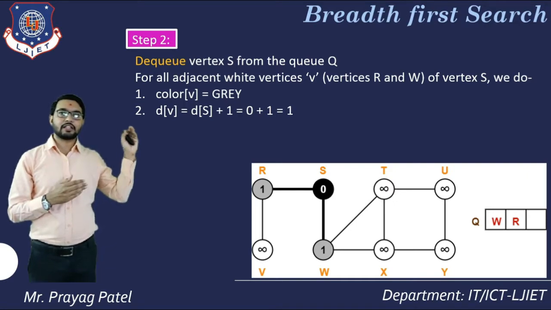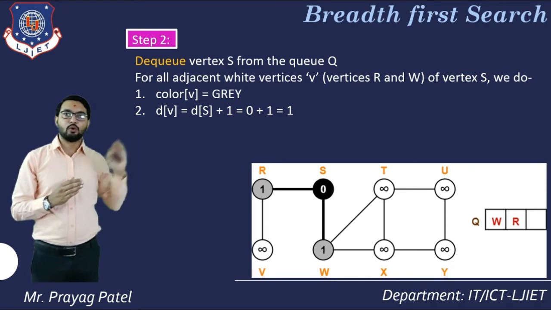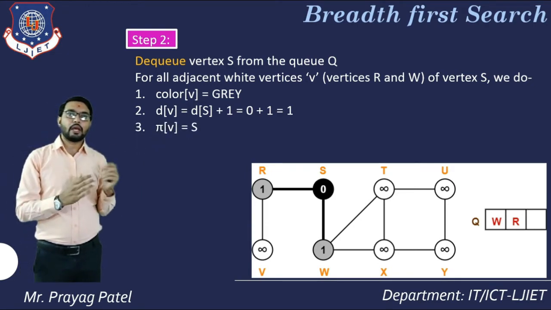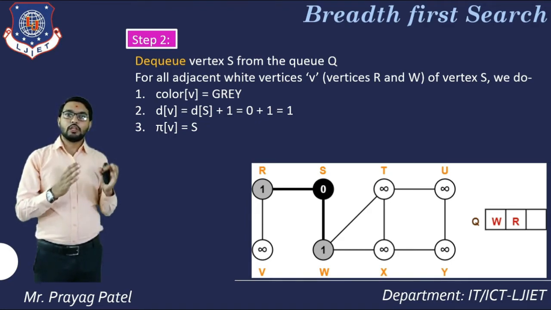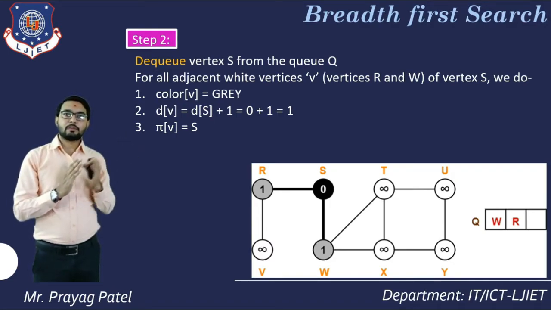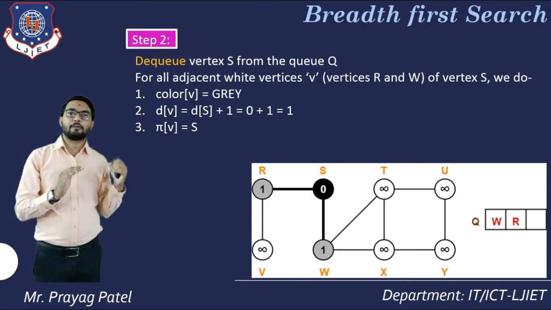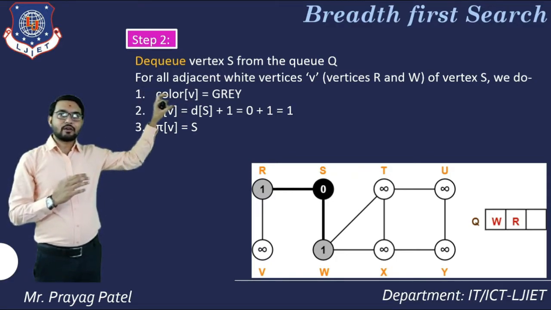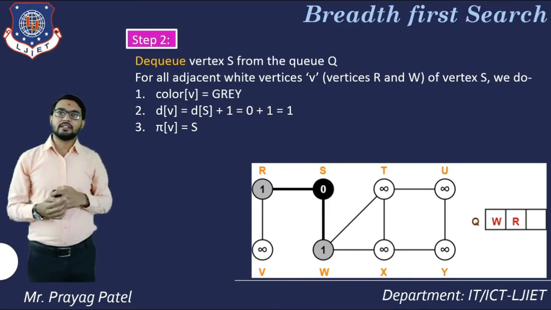So here the distance for node R and the distance for node W are both 1. Now the third step: pi of V equals S. Pi of V means R and W are V. So pi of R equals S and pi of W equals S, meaning the parent of R and the parent of W is S. So here we have the tree with S as the root node and two children, one child R and another child W.